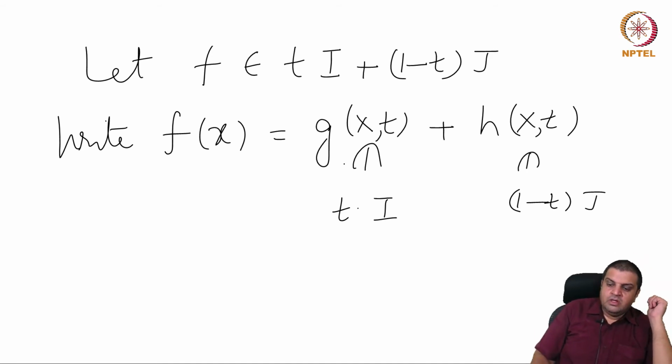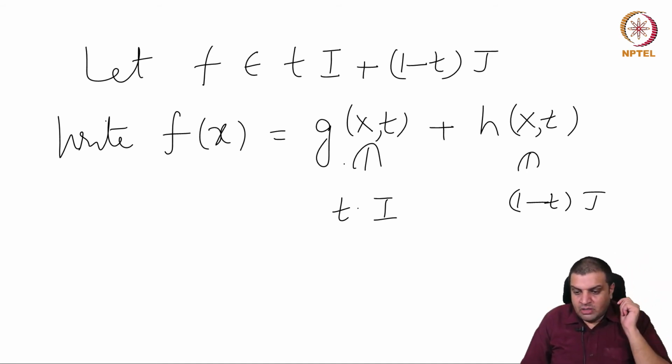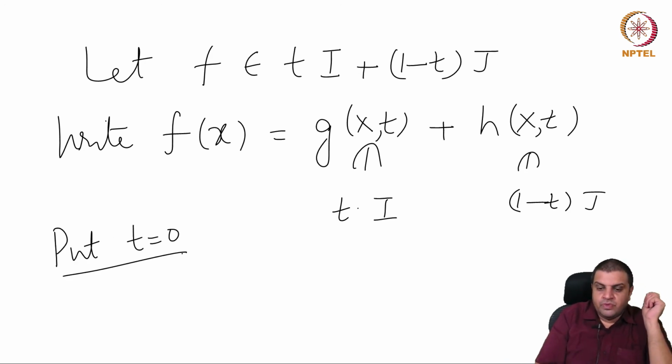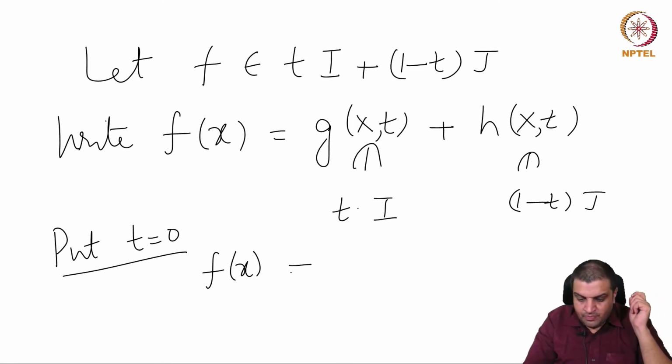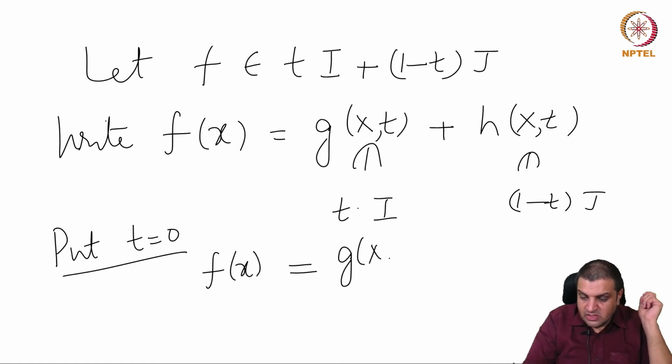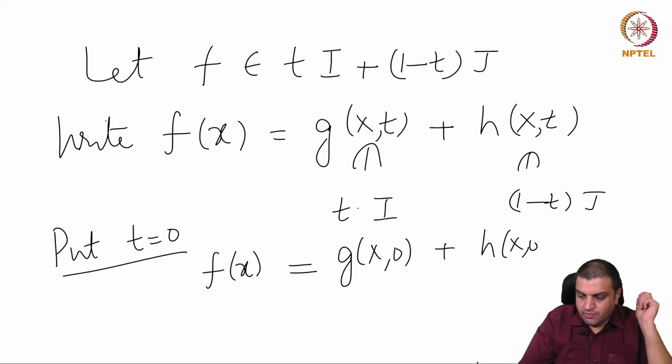Now let's look at what happens when we put T equals 0. Nothing happens to X because T does not appear in it at all. We get G of X, 0 plus H of X, 0.